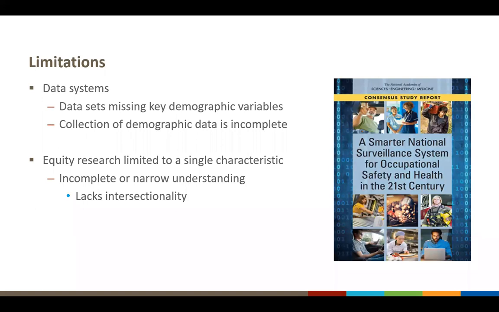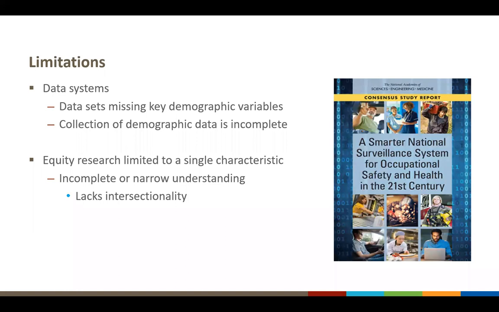The other thing we found is that equity research, when it does occur, is often limited to a single characteristic and is siloed. For example, I run a research program focused on occupational health among immigrant workers. And when I started out, I tended to focus specifically on the question of immigrant.